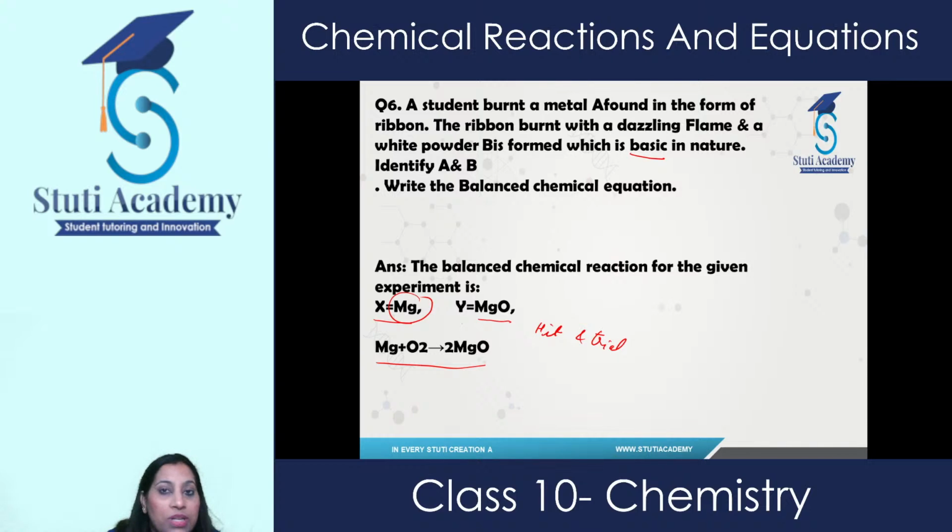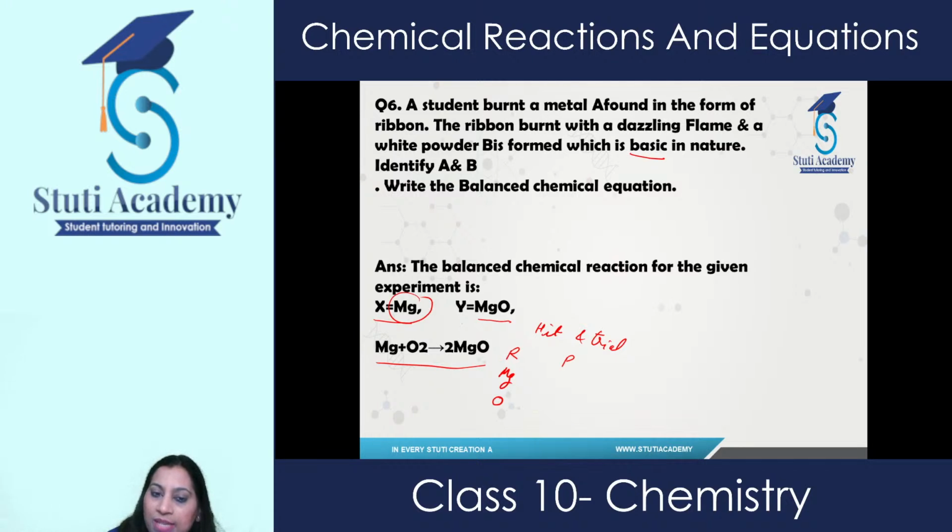And what is the first step? First write down reactants and then products. Then write down the names of the elements involved in the chemical reaction. And what are those elements? Here we have magnesium and oxygen. Any other element? No. So we have only two elements, magnesium and oxygen.